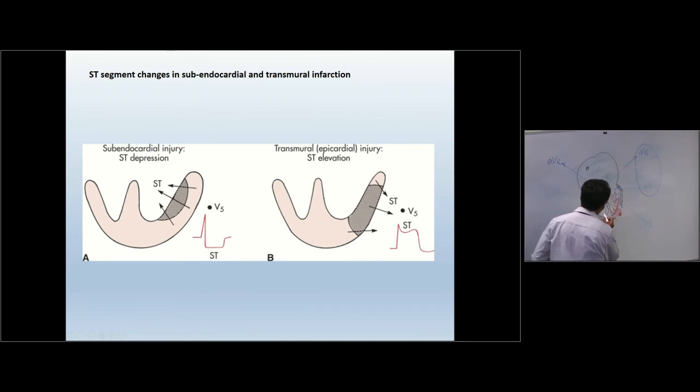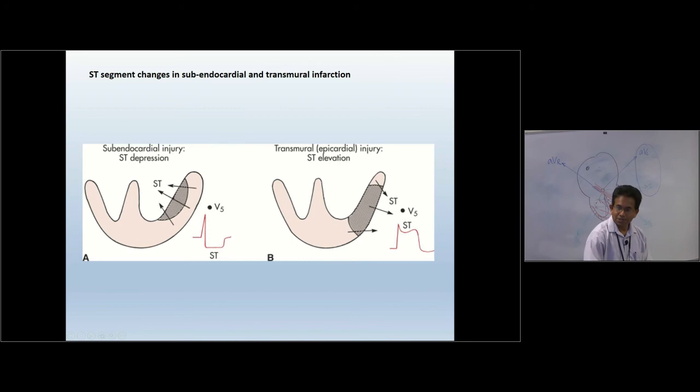This area accumulates electricity, and the electrodes next to that area will receive lots of electricity. Then when you apply the ECG law, the leads which are getting more electricity will produce bigger waves. So the same thing happens here, they will produce a bigger ST. All right.